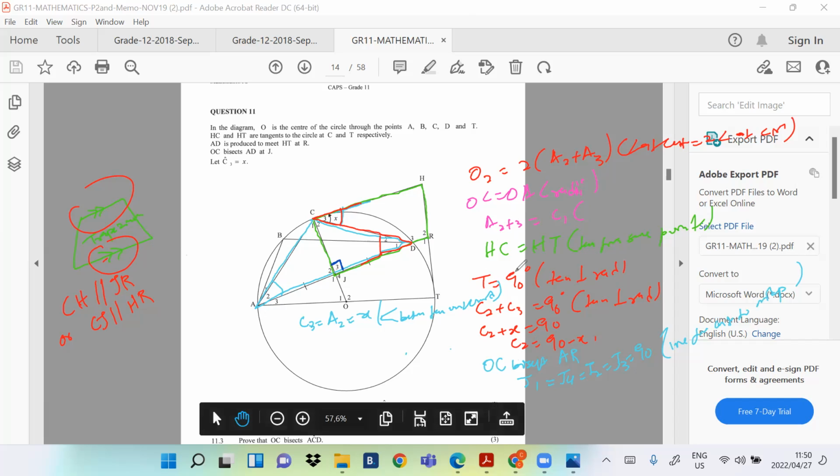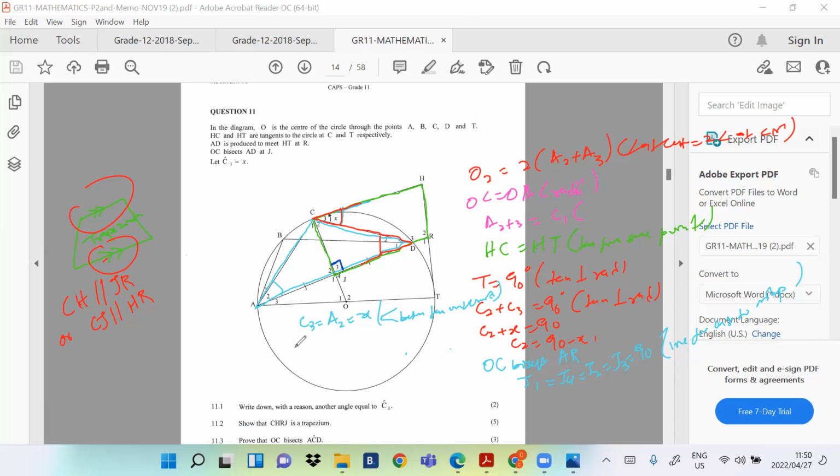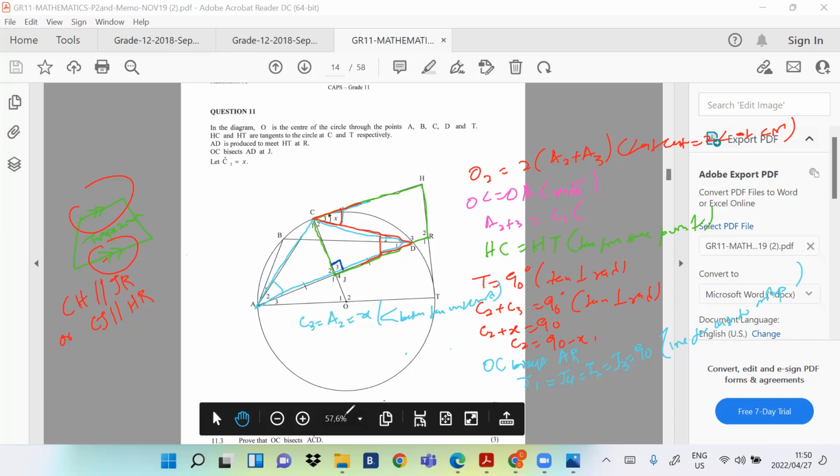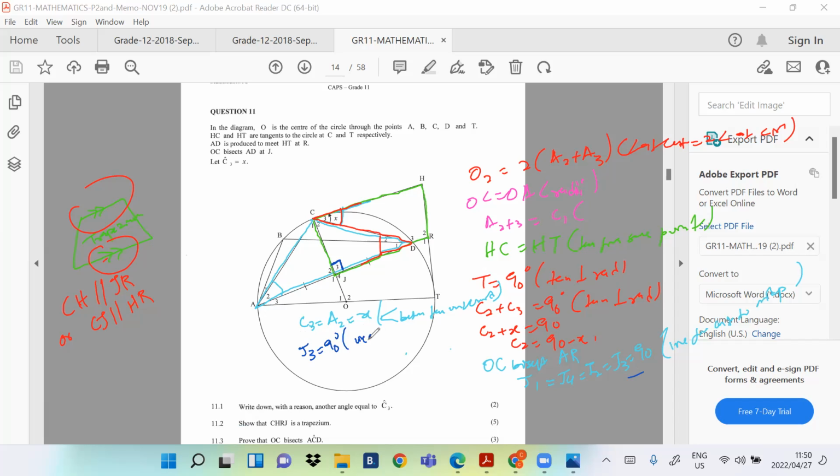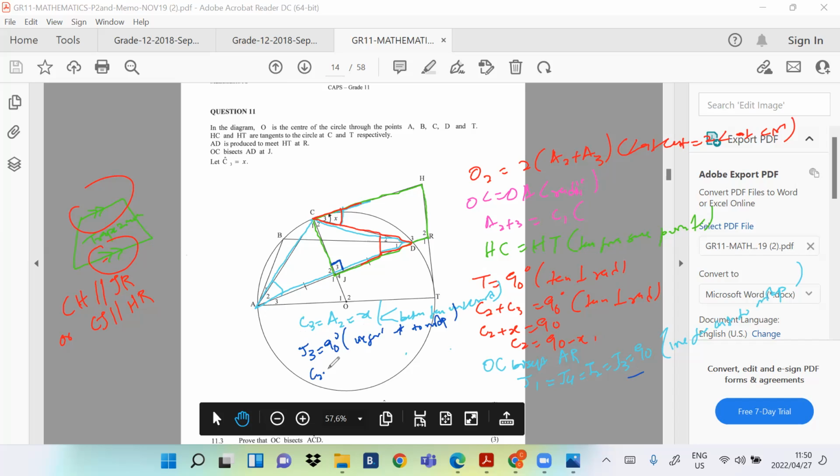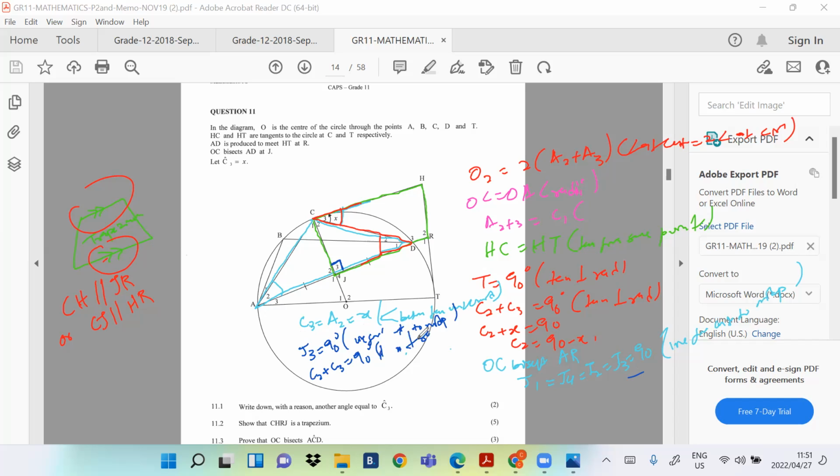I didn't write it, but remember you need to write them again when you put them down. So you're going to say J3 is 90 degrees because the line from the centre to the midpoint is perpendicular. Also, we know that C2 and C3 are 90 degrees because a tangent is perpendicular to the radius.